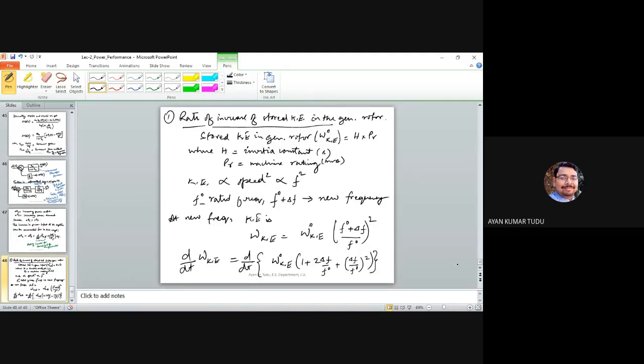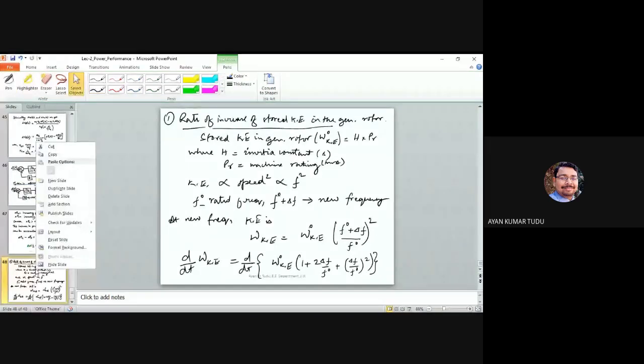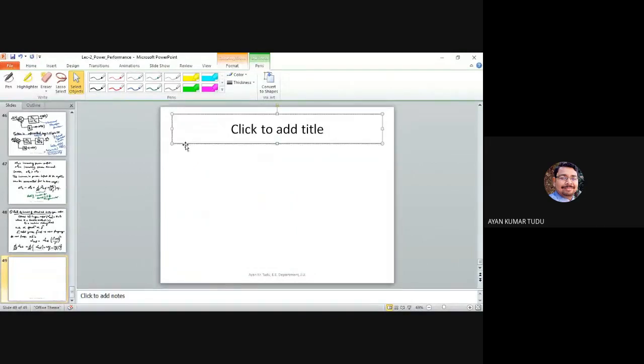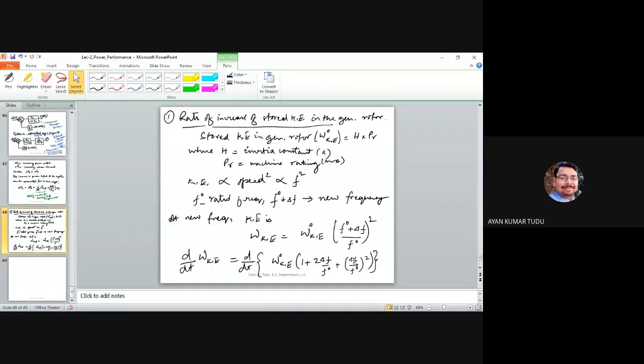Since the delta f value is very small, the delta f by f naught whole square term can be neglected.